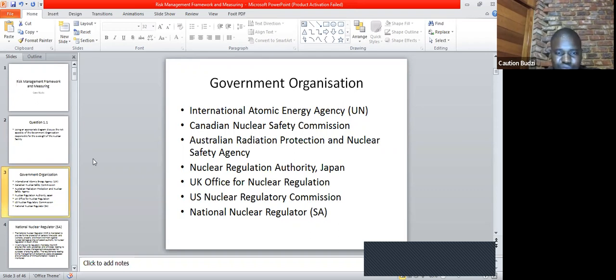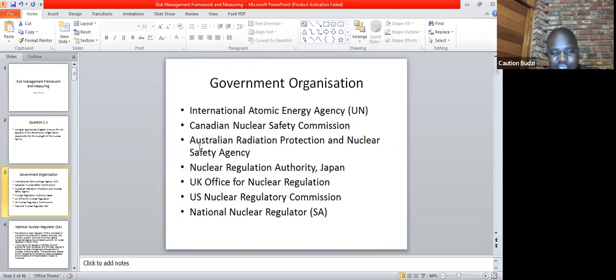You see that nuclear power plants are very risky in nature because of the type of energy they use, the nuclear energy. So they are highly regulated across the world.